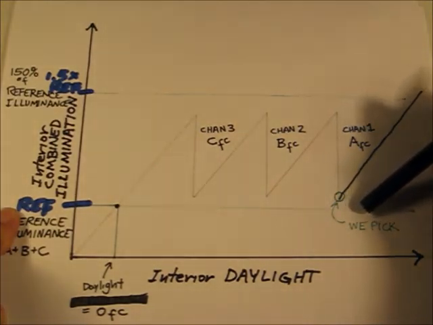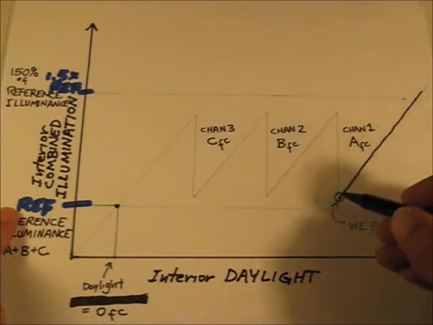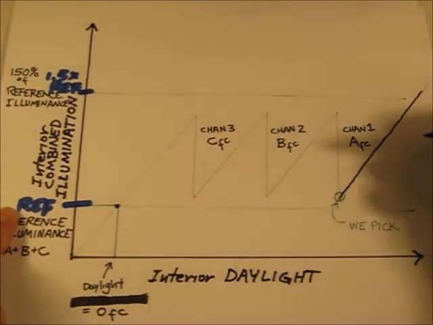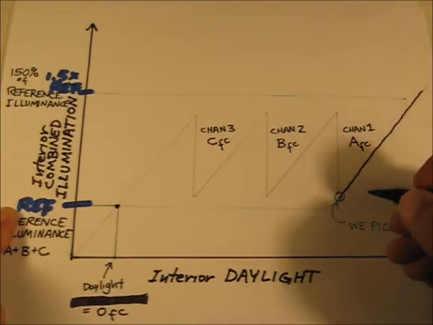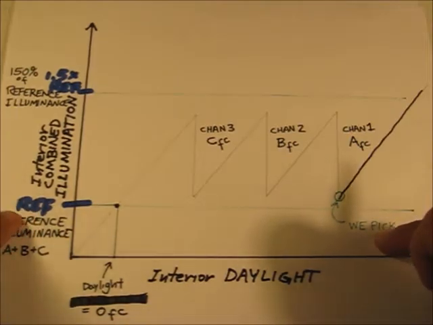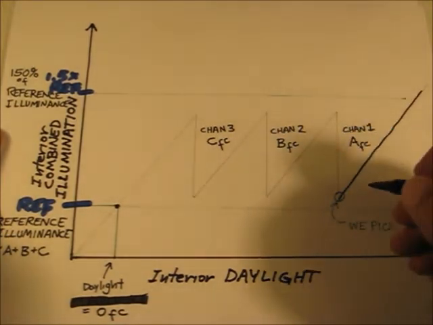10% above would not be a bad place to put it. You can put it down fairly close to reference, because as the daylighting comes down, it's going to come down slowly, and people will not notice that so much because their eyes will adapt. So for our example, we're going to pick 10% higher than our reference illuminance. We cannot go lower, so we will say 110% of reference.